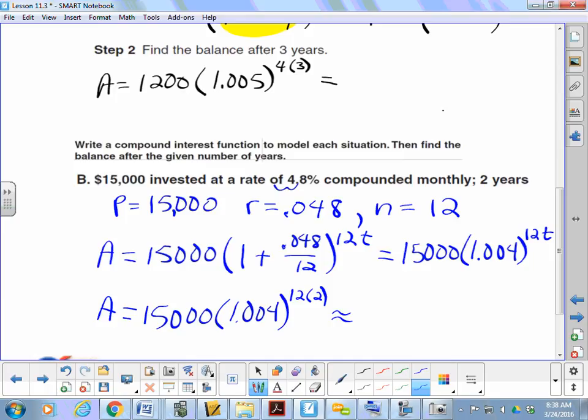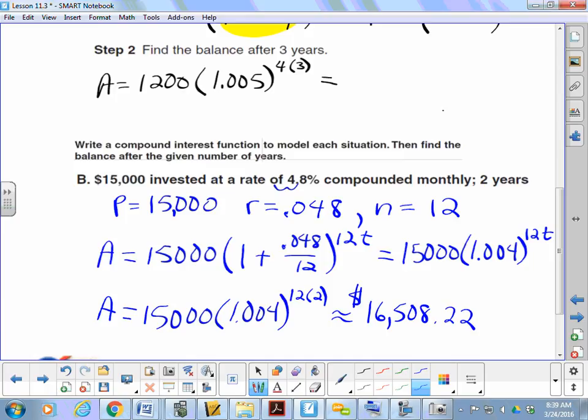The nice thing is it's worth more than it would be if you just calculated it annually. So what did you get, Sebastian? 16,508. 508? Okay.